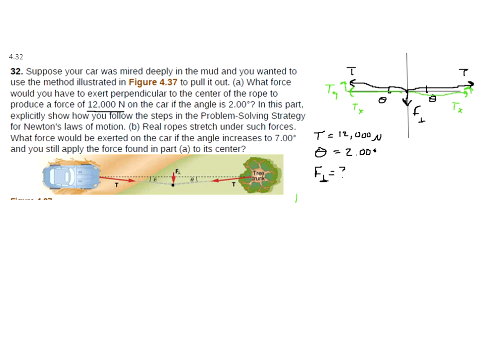Let's go back to black. Back in black. Net force in the x direction is going to equal, we've got Tx to the right and Tx to the left, and they're the same strength as each other, so they equal 0.